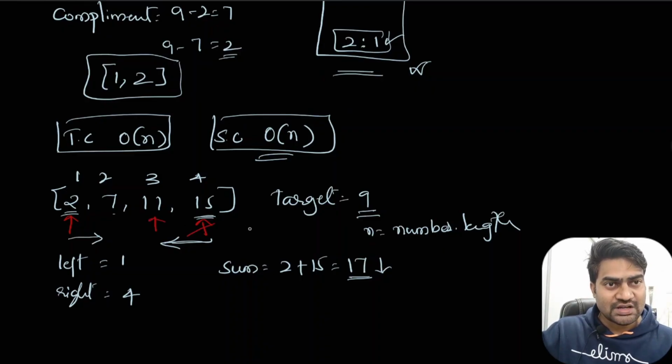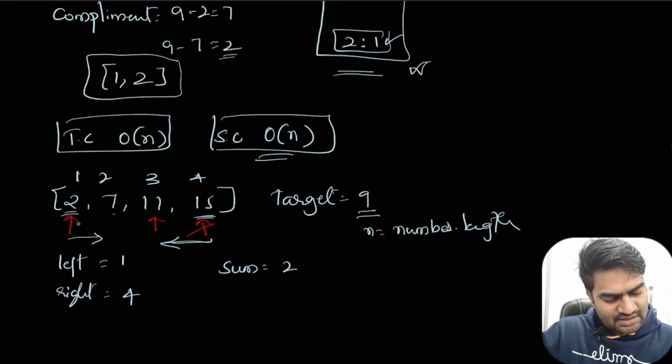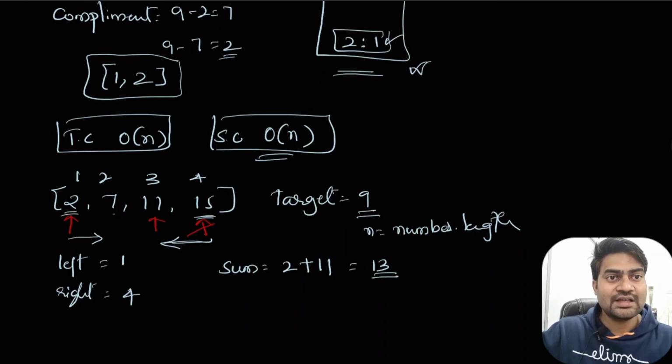So now, in the next iteration, I will move the right pointer one level left. Now if you see, again my sum will be 2 plus 11, which is equal to 13. So if you see 13, again it is greater than 9. So it is still larger than the target we are expecting.